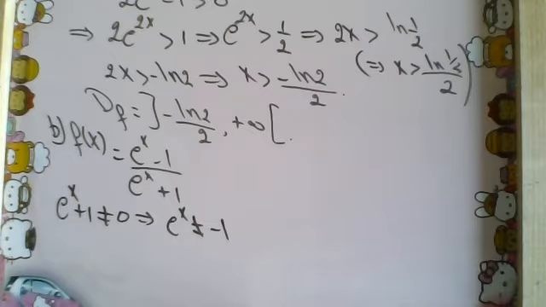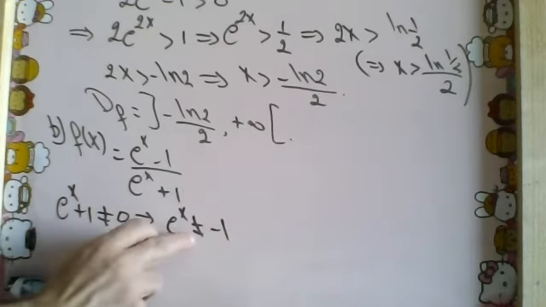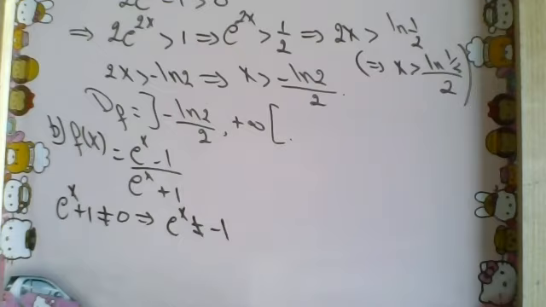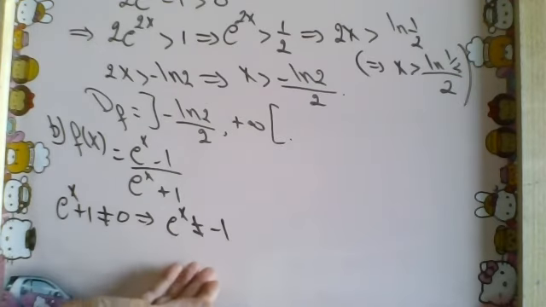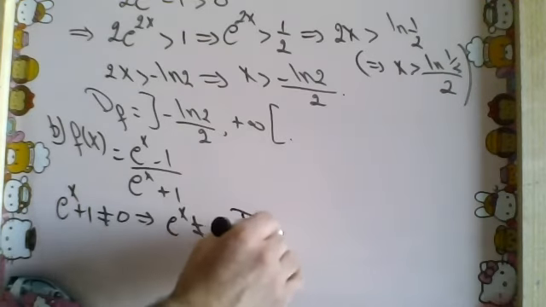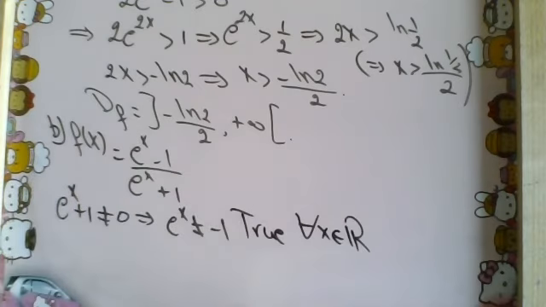It's true for all values of x. If it were equal, e power x equal to negative 1, you would say it's impossible. But when I say e power x is not equal to negative 1, it is true for all values of x, for every real value of x.